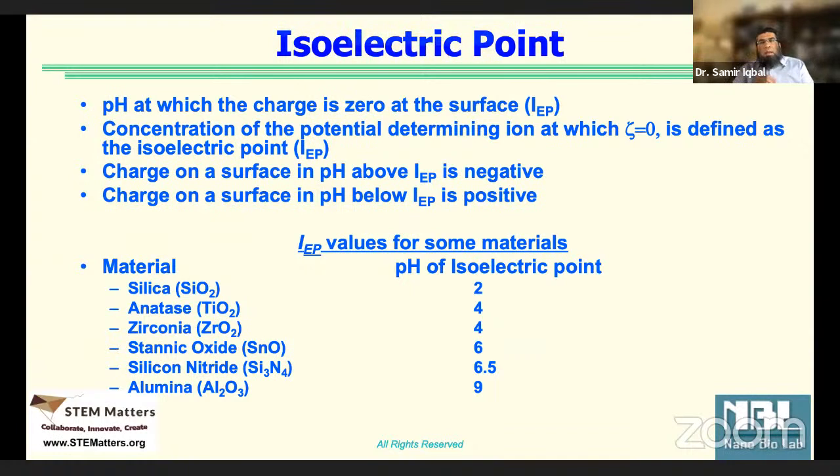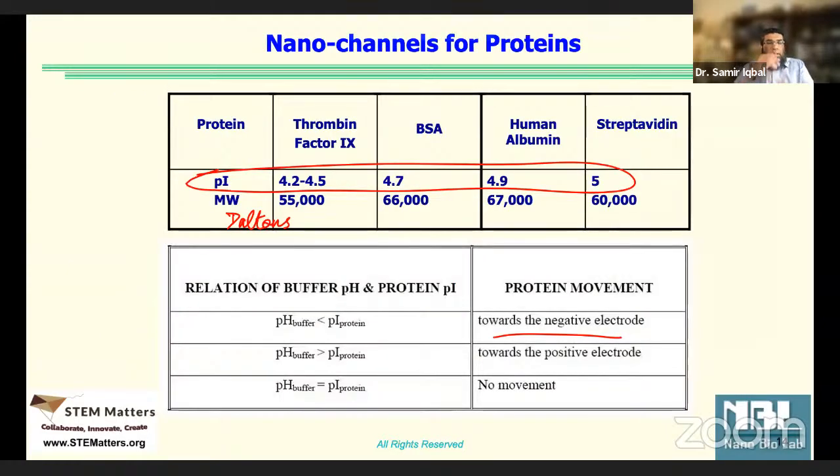So we talk about the isoelectric point in terms of the pH of the solution that would be required to neutralize it. And the isoelectric point applies to anything that contains charge, whether that's a hard surface or a protein. Even proteins have their own isoelectric point, for example thrombin, BSA, human albumin, streptavidin. So these are the isoelectric points.